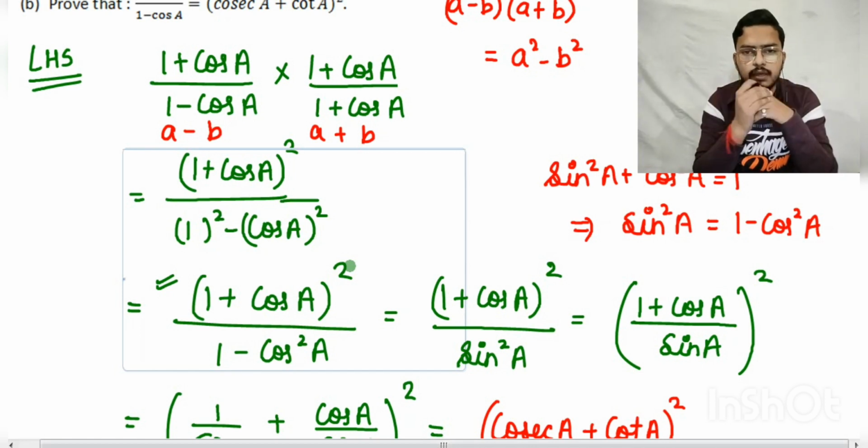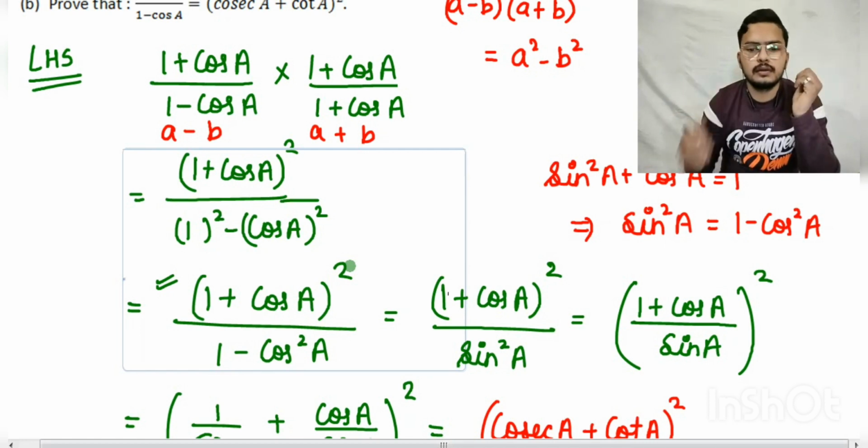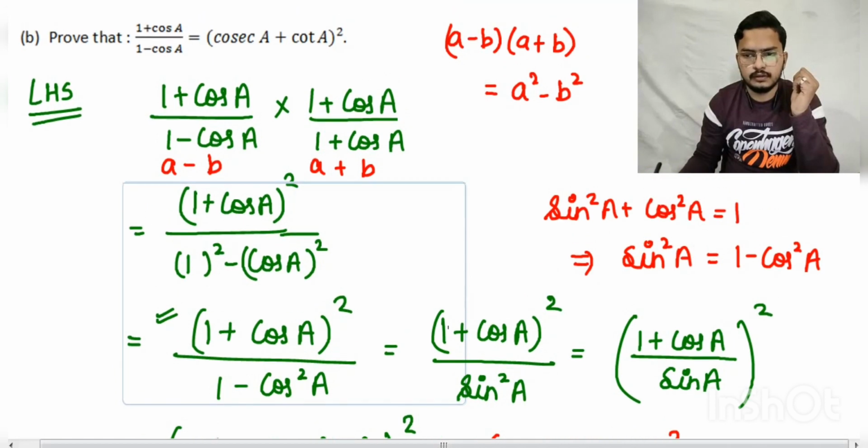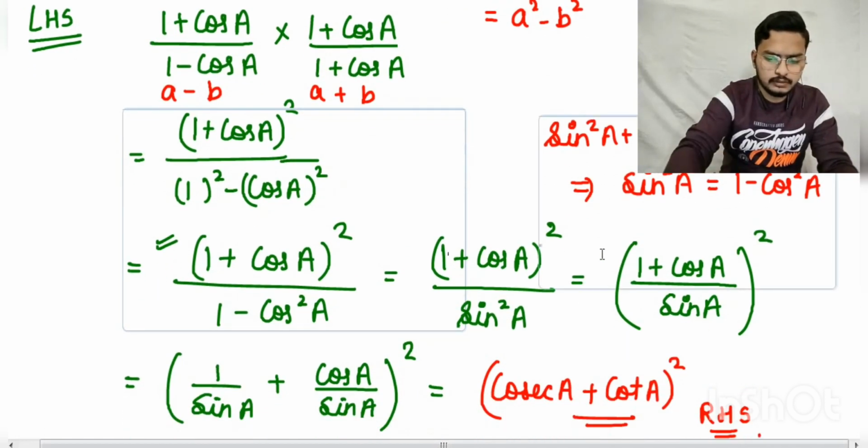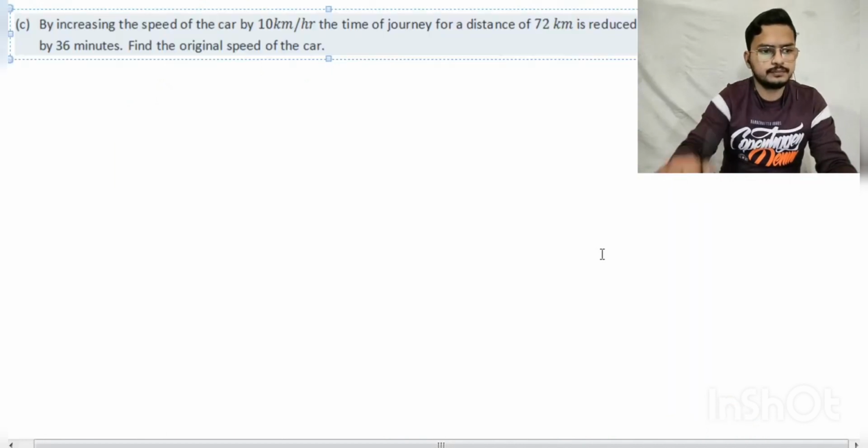So that is why I am telling you don't open the whole square here, just because we want the answer in the whole square form. So just remain it as it is and do the rest of the part by applying the identities, right? So in this way you can solve this particular question. Then just move to the next question.